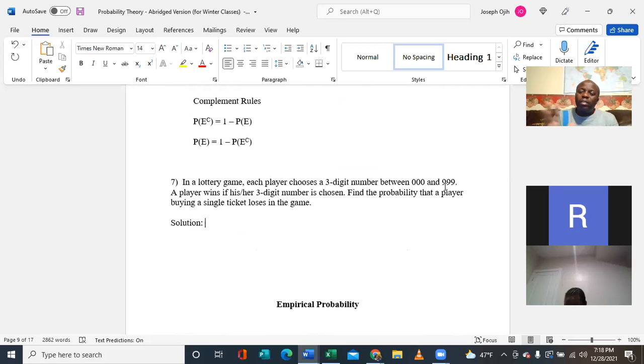That's about 1,000 numbers. So you choose only one 3-digit number. A player wins if his or her 3-digit number is chosen. Find the probability that a player buying a single ticket loses the game.